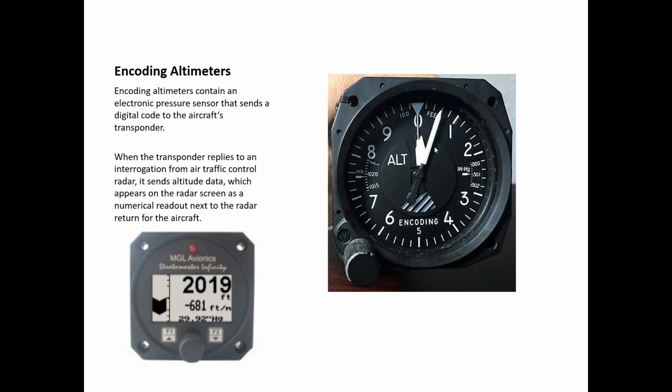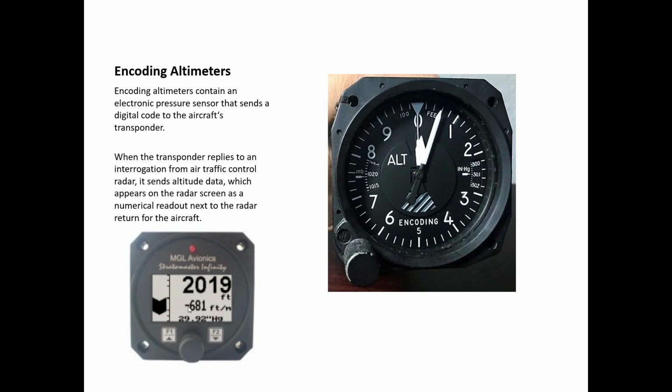And there's even a more modern version that'll even send more detail to air traffic control. It appears on the ATC's radar screen as a numerical readout next to the radar return for the aircraft. So they'll see a little blip on their screen, but there'll be a little code next to it, a number that'll say what altitude they're at.